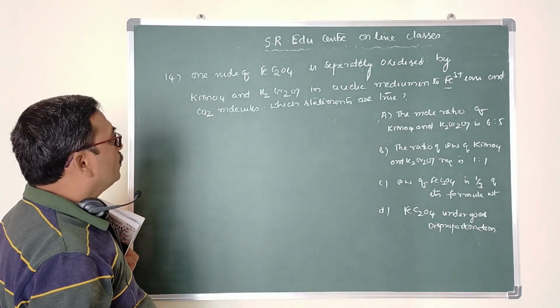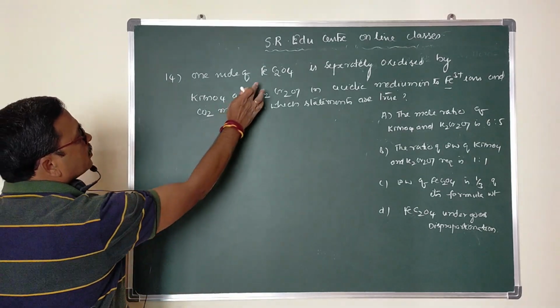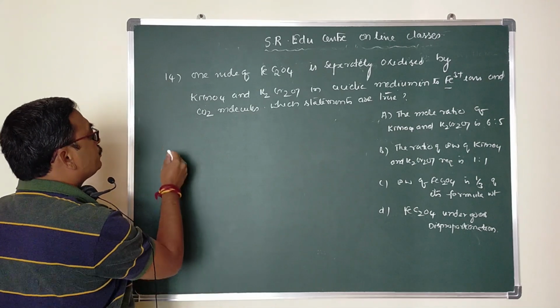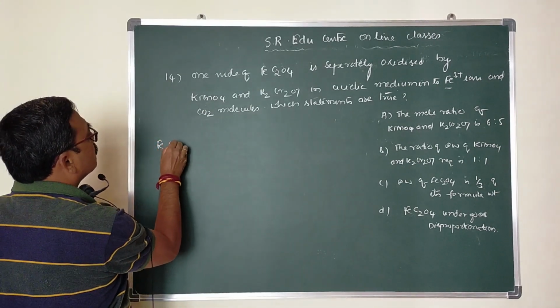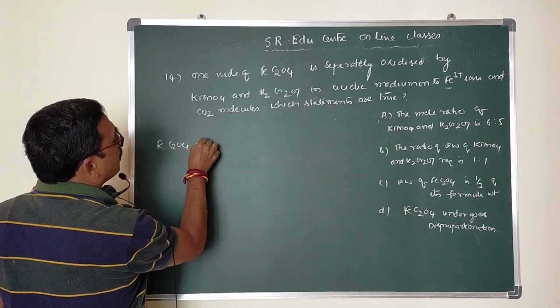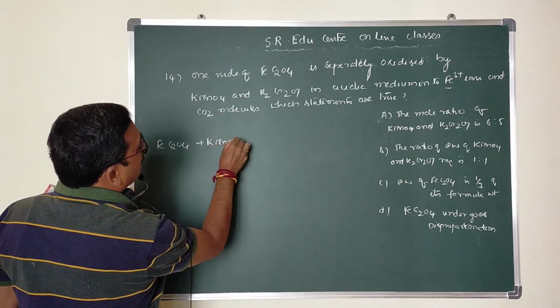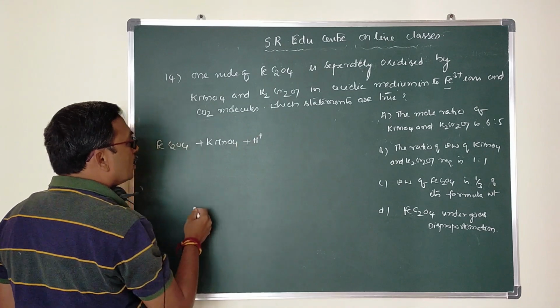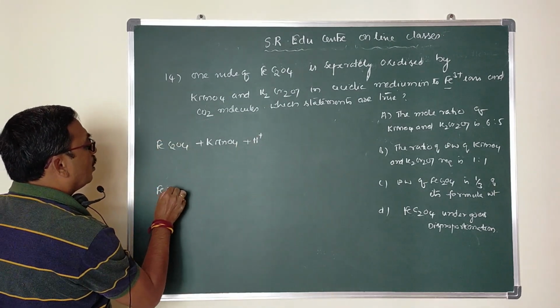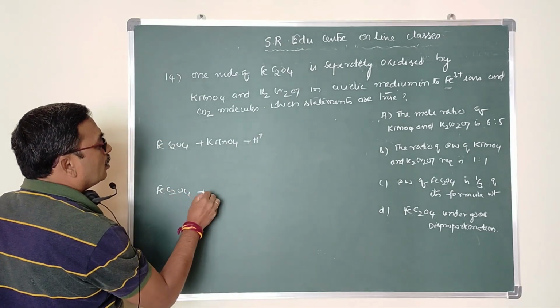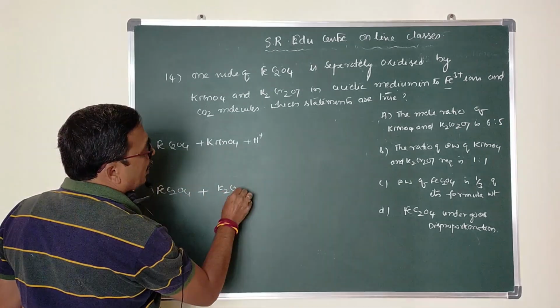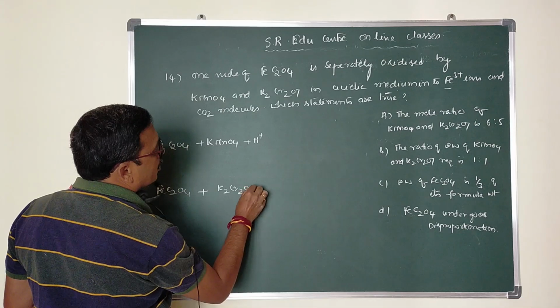Listen very carefully. Iron oxalate separately reacts with KMnO4 in acidic medium, and iron oxalate reacts with potassium dichromate in acidic medium.